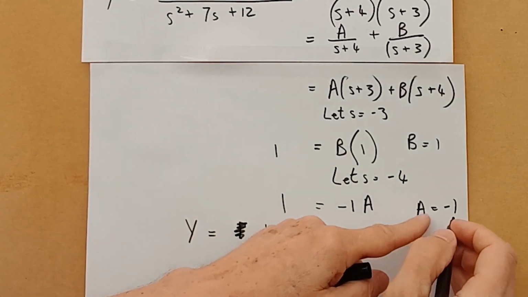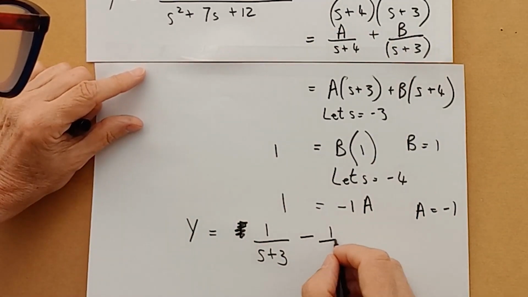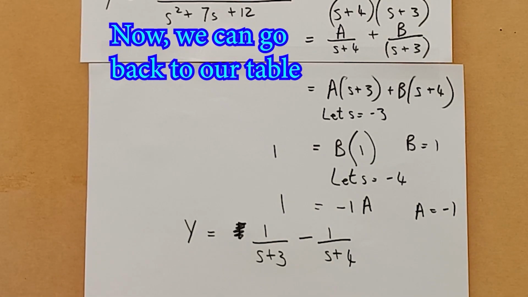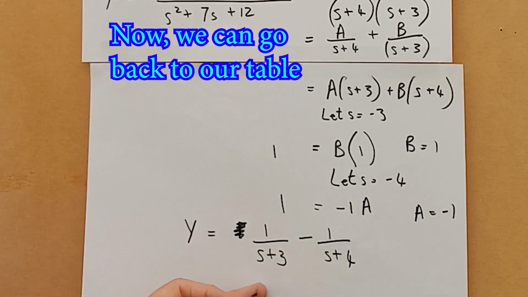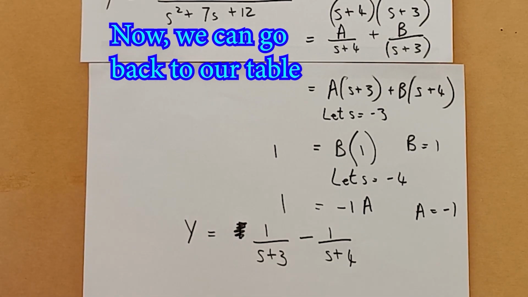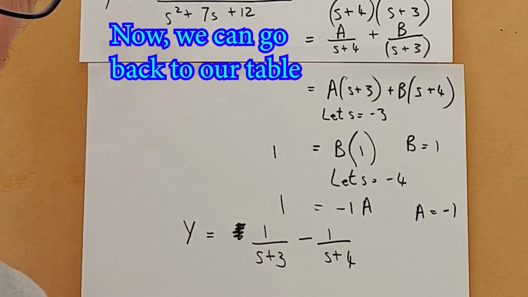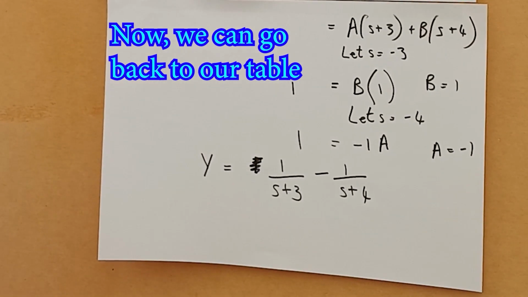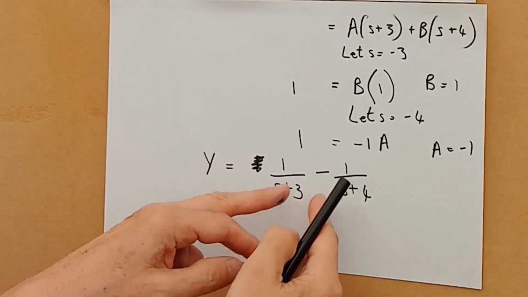Take away, that's your minus 1 over s plus 4. And now we can go back to our table and find the inverse Laplace of each of those.